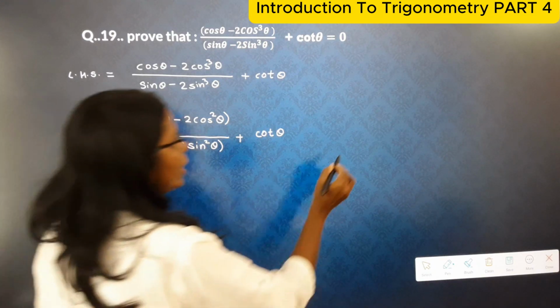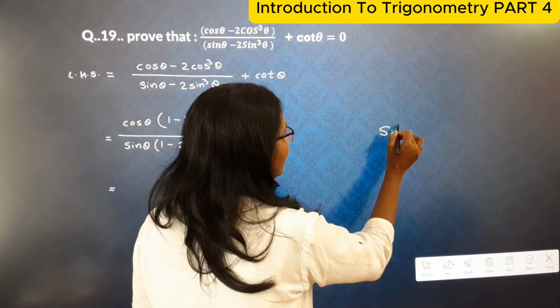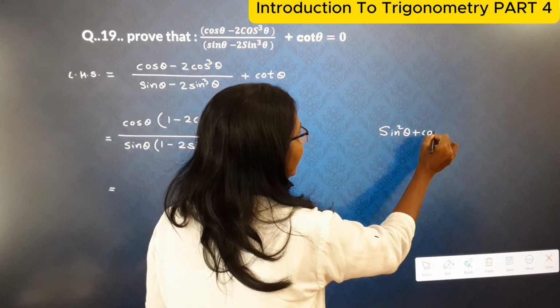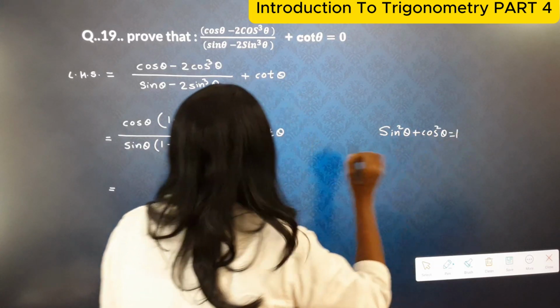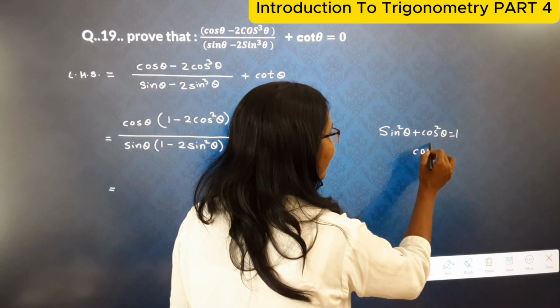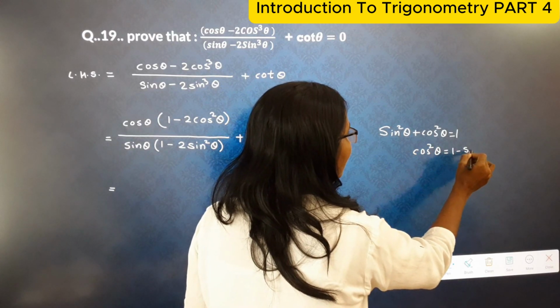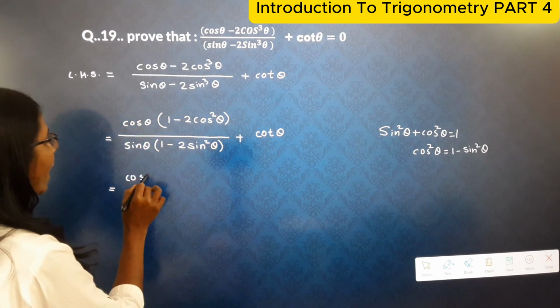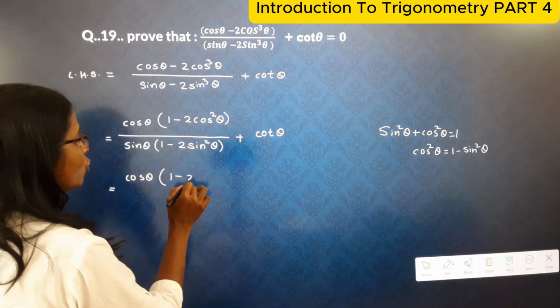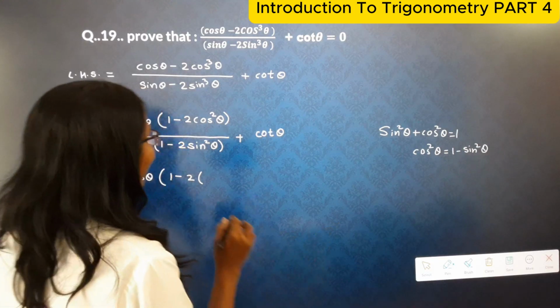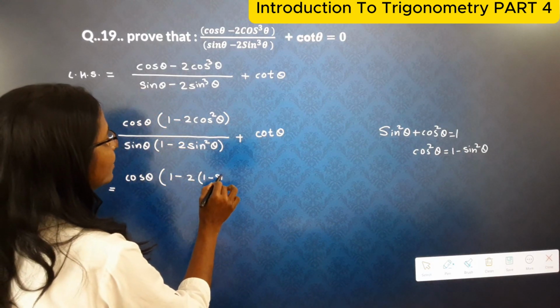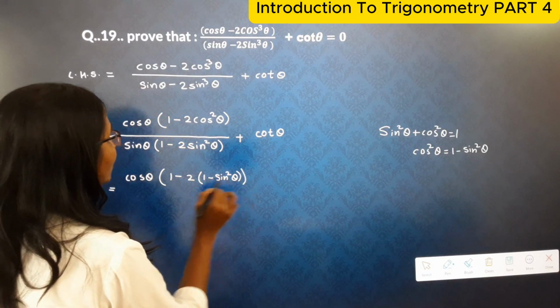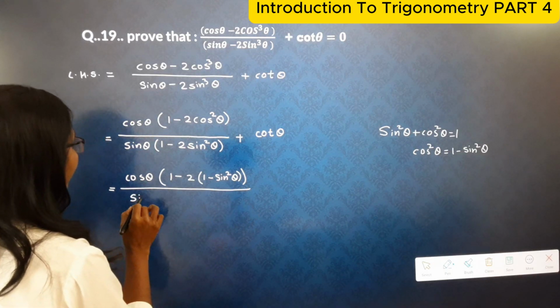So now our identity is sin square theta plus cos square theta is equal to 1. That means, students, cos square theta is equal to 1 minus sin square theta. So here cos theta in the bracket 1 minus 2, and in place of cos square theta I write 1 minus sin square theta, divided by sin theta.